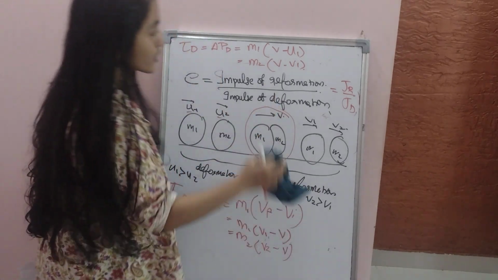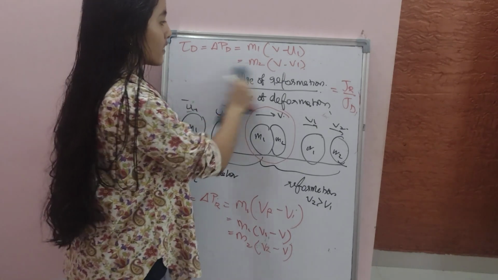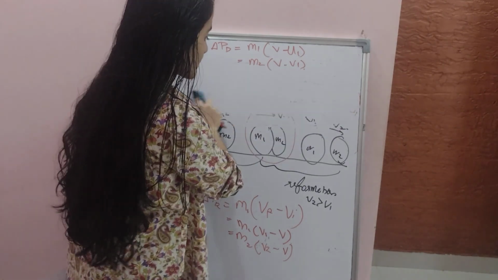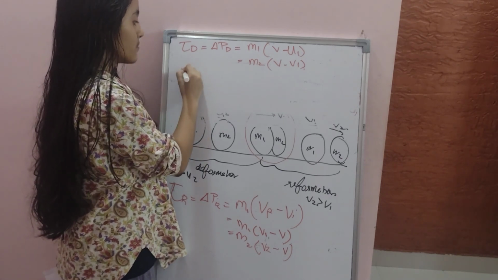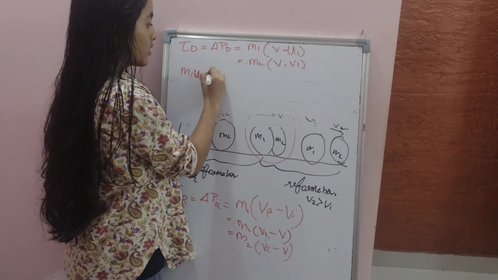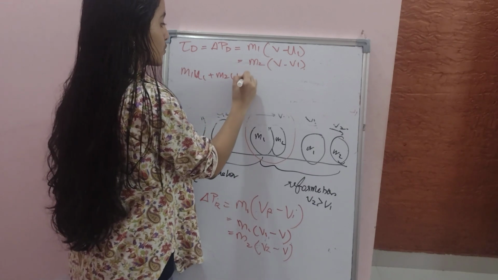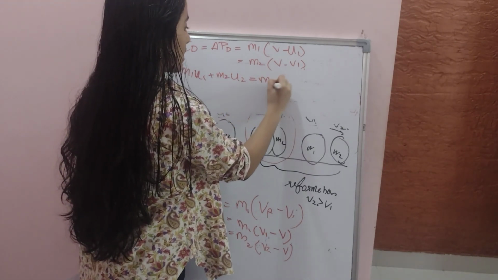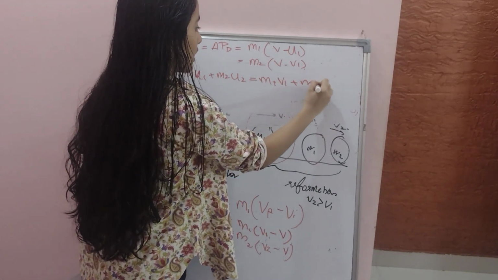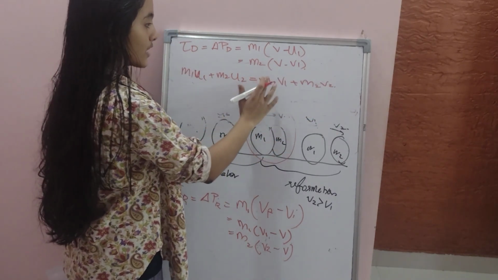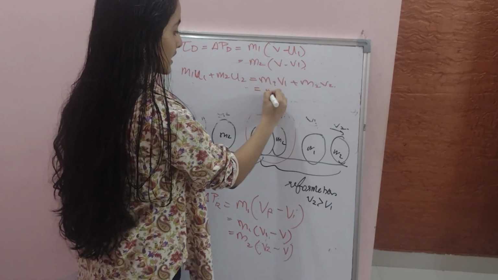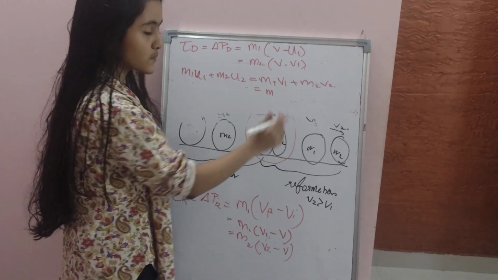For that, during inelastic collision, we have conservation of momentum: m1u1 plus m2u2 gives m1v1 plus m2v2, which is also equal to m1 plus m2 into v during this small amount of time.